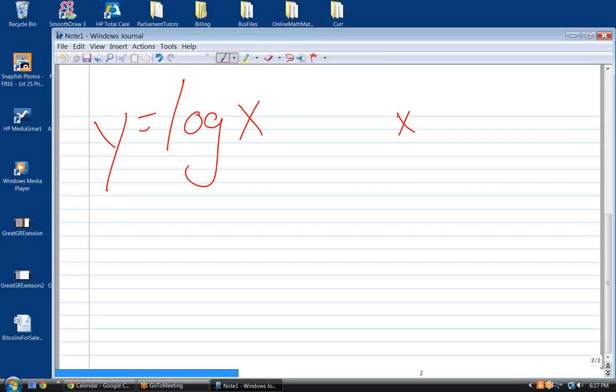I don't know. When you're taking logs of numbers, you can only take logs of positive numbers. You also cannot take the log of 0. So the domain on x is it has to be positive. It has to be greater than 0. Right. What's the range on this function?